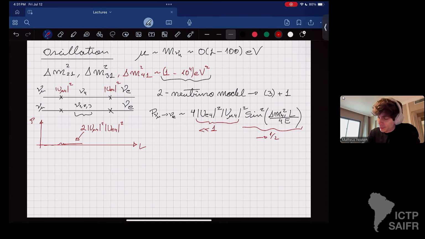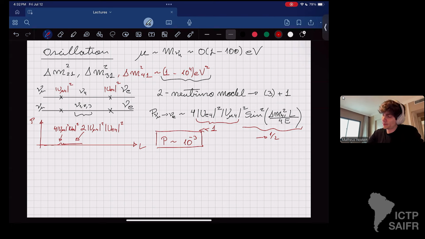And at most, this appearance effect can be 4 times that, right? So this can be a very small effect, and the typical numbers that people will be sensitive to are probabilities of order 10 to the minus 3 for the best experiments looking for this.